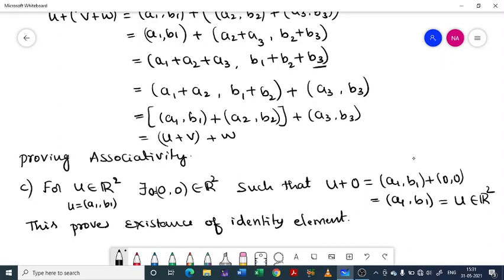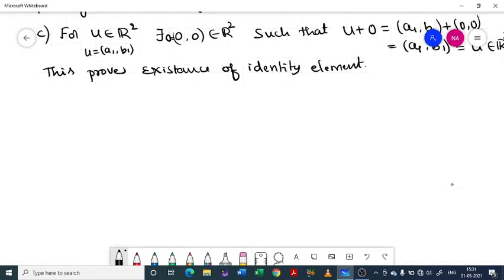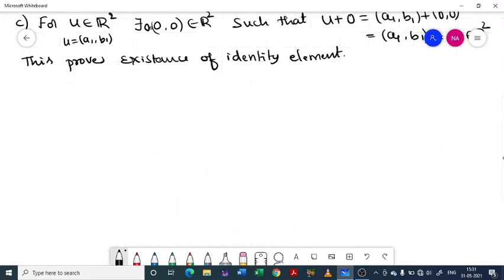Existence of identity element. Next, existence of inverse element.